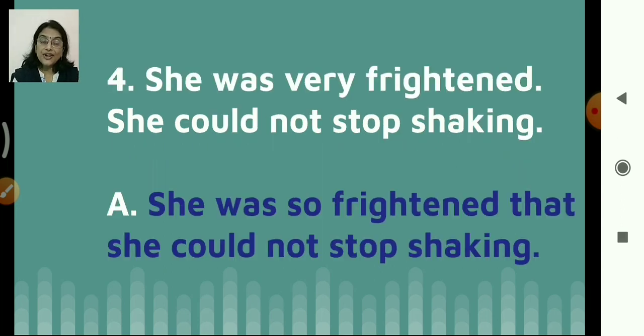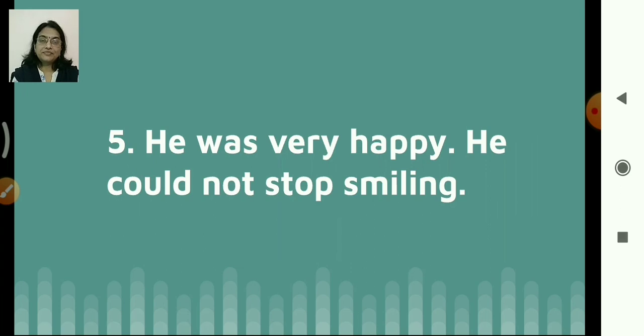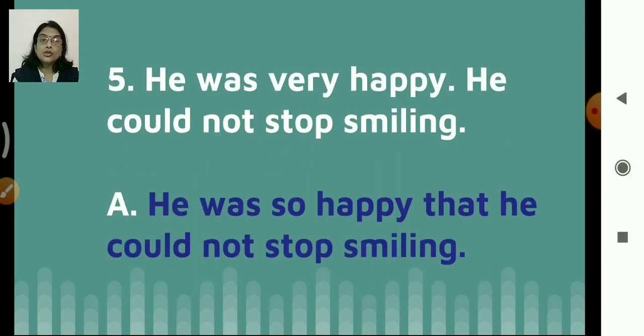She was so frightened that she could not stop shaking. Fifth one. He was very happy. He could not stop smiling. Now the answer is, he was so happy that he could not stop smiling.